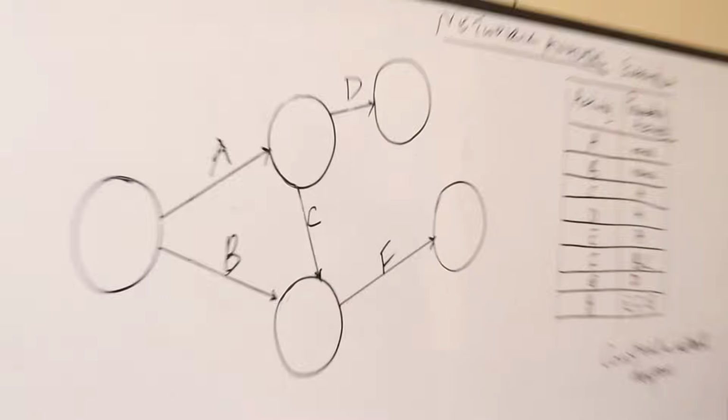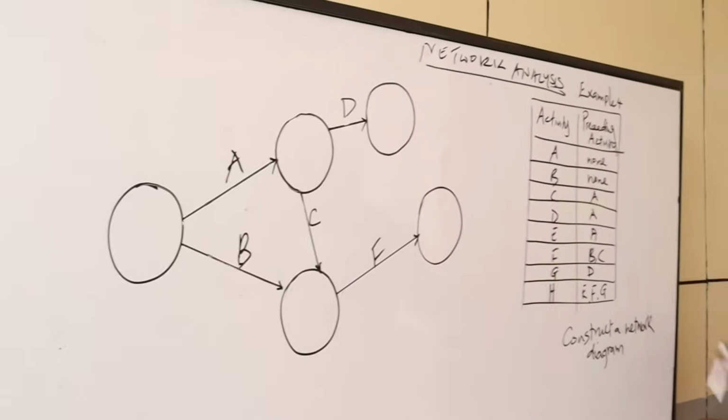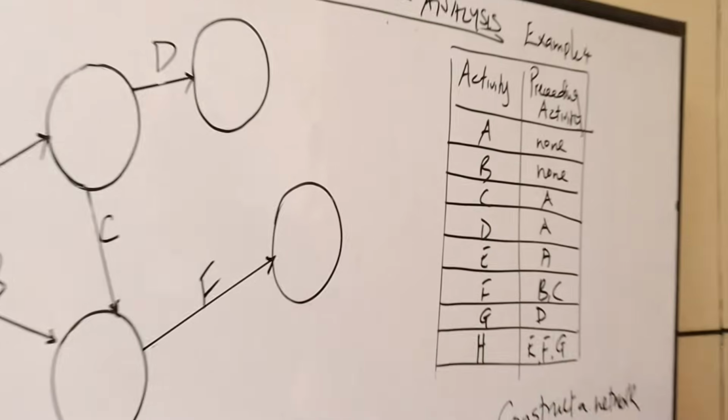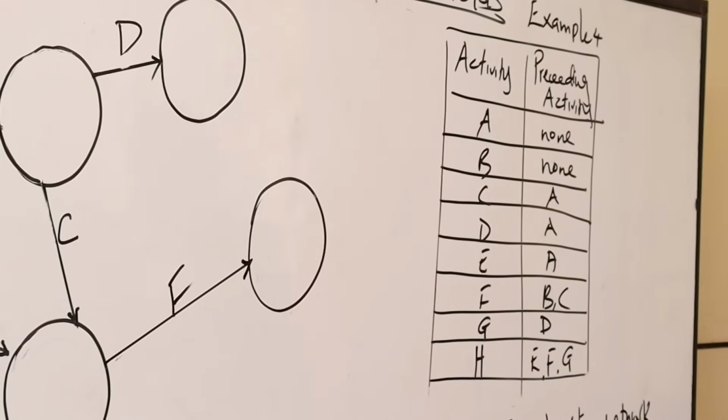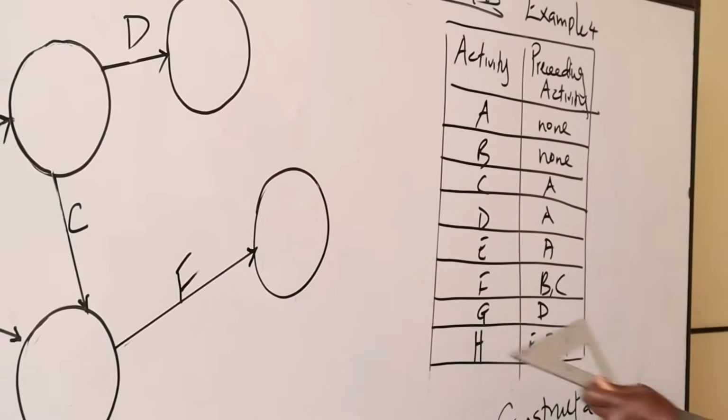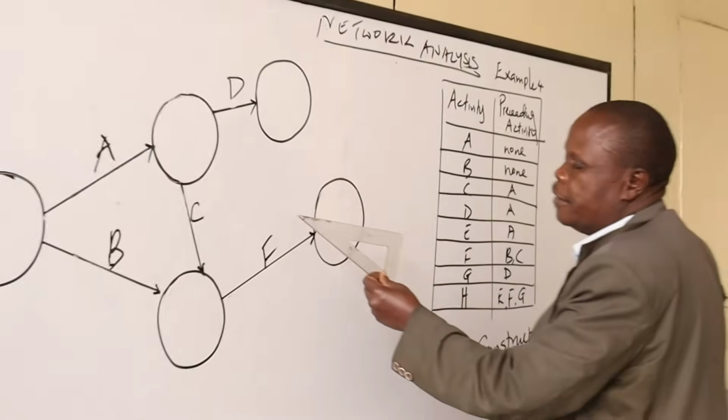Then A is a preceding activity to activity E.